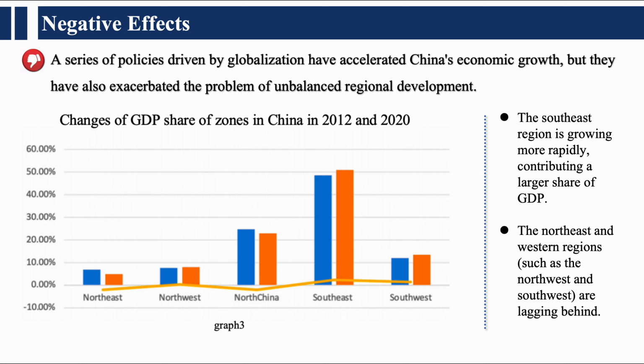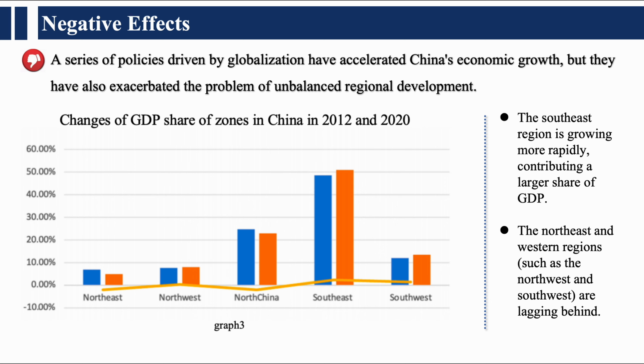The Southeast region has grown rapidly, contributing a larger share of GDP. In contrast, the Northeast and the Western regions, such as the Northwest and the Southwest, have lagged behind in development.